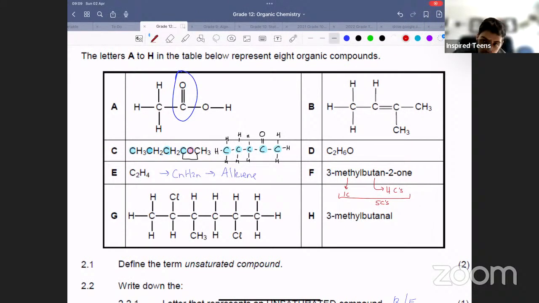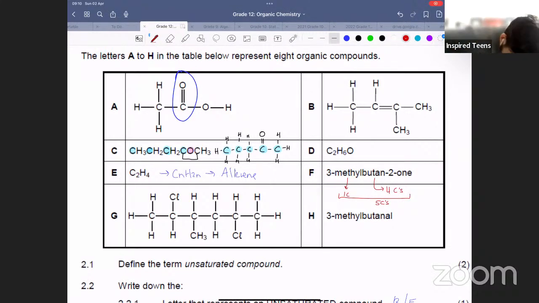Five dichloro-3-methylhexane. That is a good answer. I'll wait for maybe one more person to give an answer, then we can continue. Okay, so same as everyone, perfect.